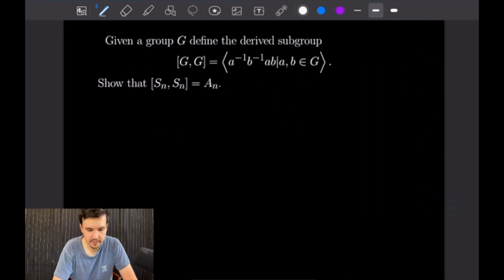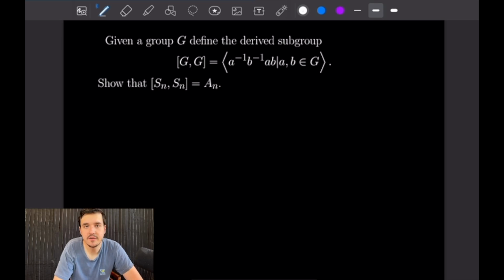For this example, we're given a group G, which we define as follows: [G, G] is generated by a inverse b inverse ab with a and b in G, and this is sometimes called the commutator subgroup. What we want to show is that the commutator subgroup for Sn is equal to An.